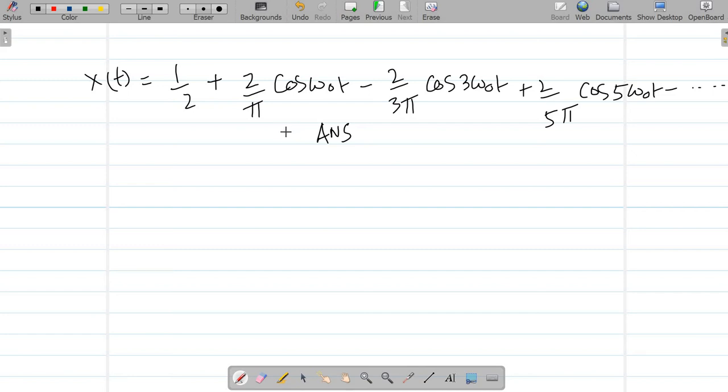Another type of representation of Fourier series is called the cosinusoidal representation.